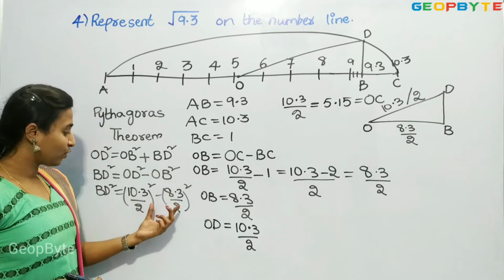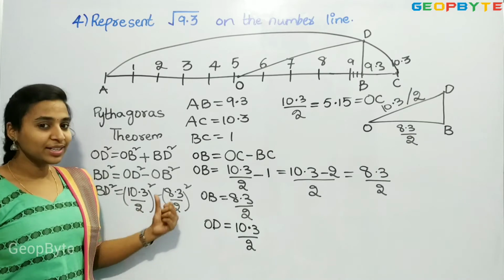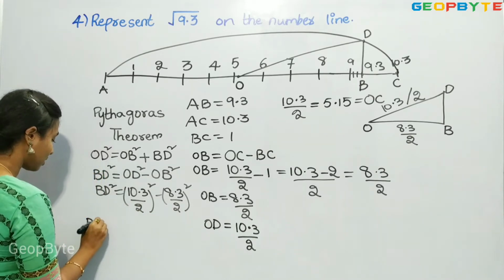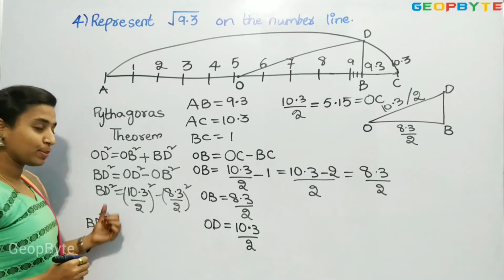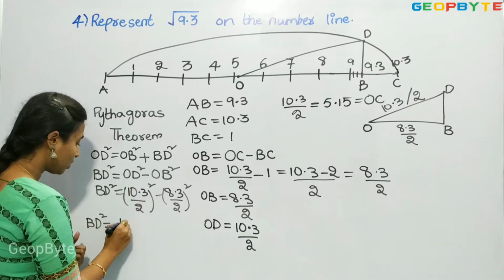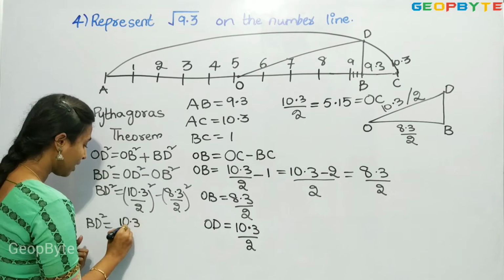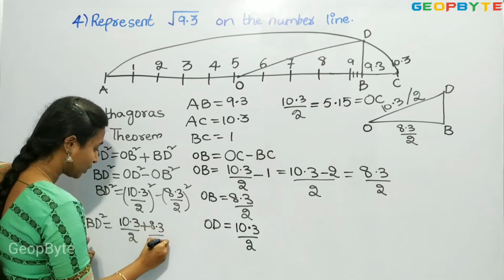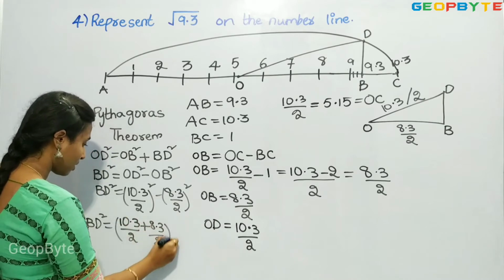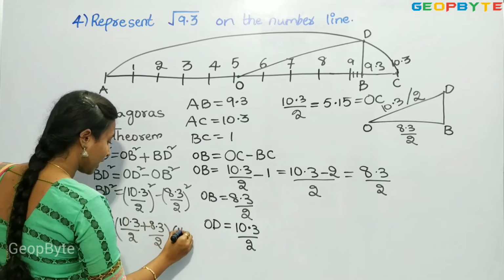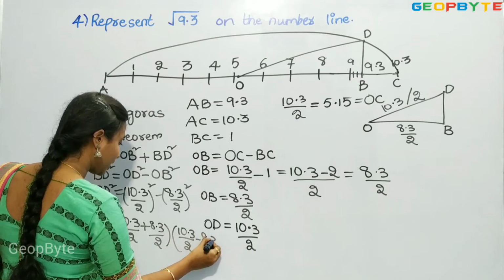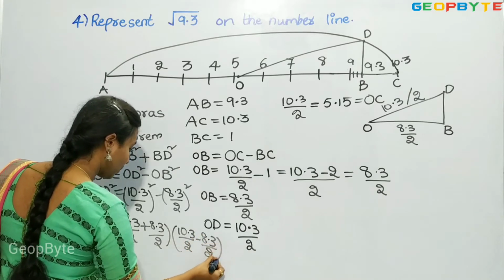Now it is in the format A square minus B square, which can be written as A plus B into A minus B. So 10.3 by 2 plus 8.3 by 2, into 10.3 by 2 minus 8.3 by 2.